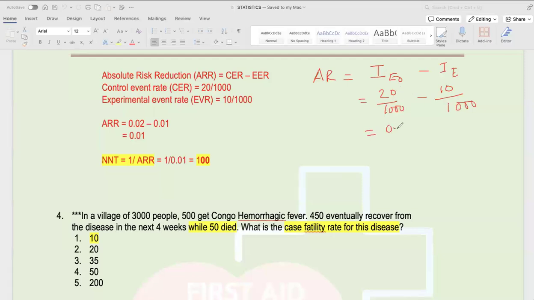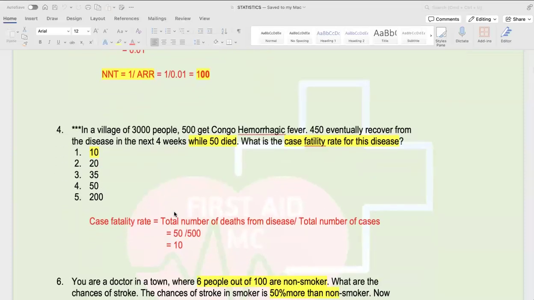So 0.02 minus 0.01 is 0.01, and then NNT equals 1 by attributable risk. So 1 by 0.01. After the point there are two digits, so if we want to remove the point, we multiply by 100. Answer is 100. Okay, so that's about this question.